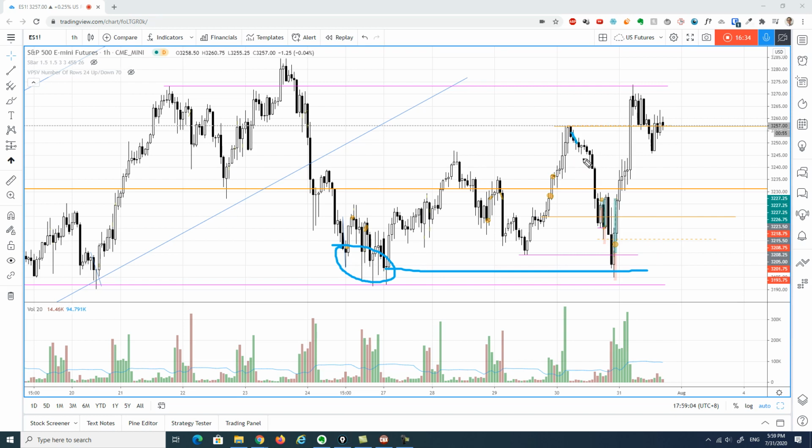Right after, we had the reaction and a dip below the prior swing low here, and then a very quick recovery to the upside, followed by this super bullish bar. I think that's probably related to the after hours earnings from a lot of the big tech.